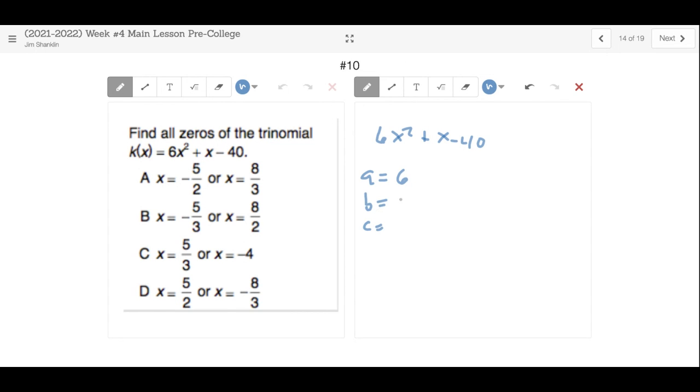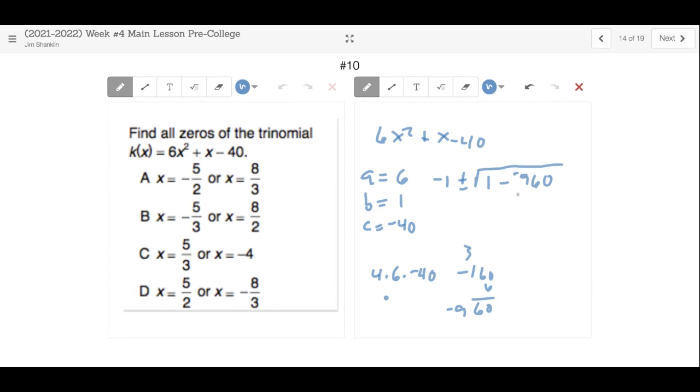My a value is 6, my b value is 1, my c value is negative 40. So negative b, so that's negative 1 plus or minus the square root of 1 squared minus 4 times a times c. So that's negative 160 times 6. Negative 960?